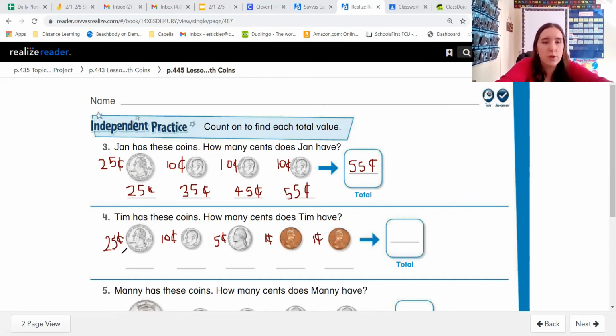So let's see, I'm going to start with 25 cents. Plus 10 more would be 35 cents. And friends, if you got stuck on one part of it, go ahead and fix it while I'm solving it, okay? And then 35 plus 5 more, so 35 cents plus 5 more cents would be 40 cents.